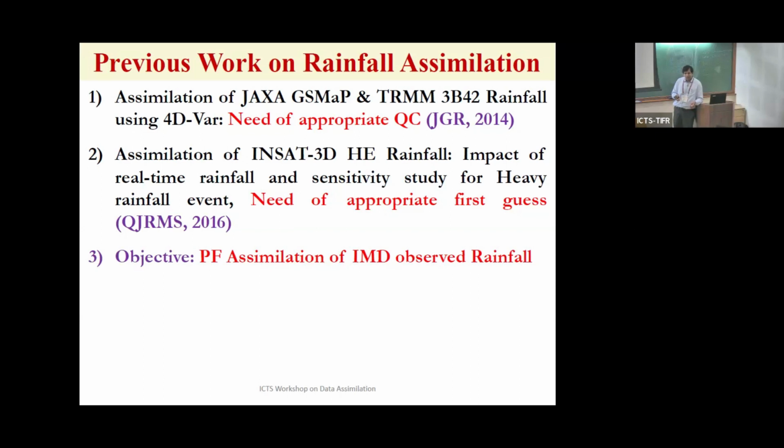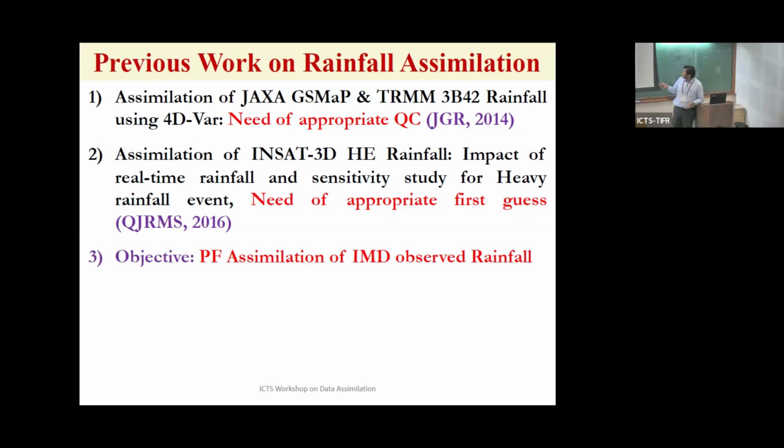Because if my first guess is very far from the rainfall, then what will happen? We will not be able to assimilate. But in this study, my objective was how we can directly use the measured rainfall. There are sensors known as rain gauges that measure the rainfall. Can we use this type of observation directly in the assimilation?